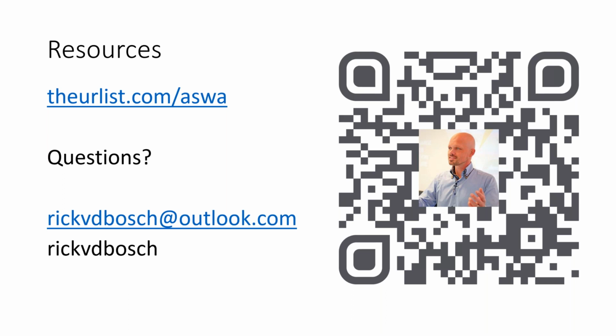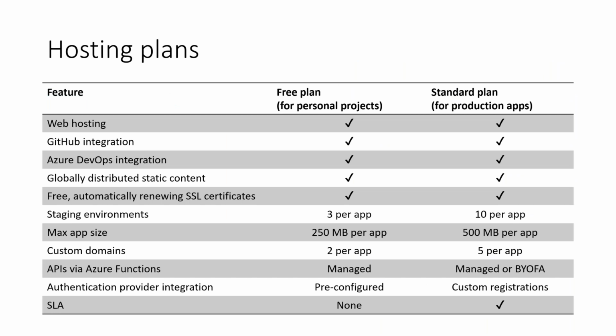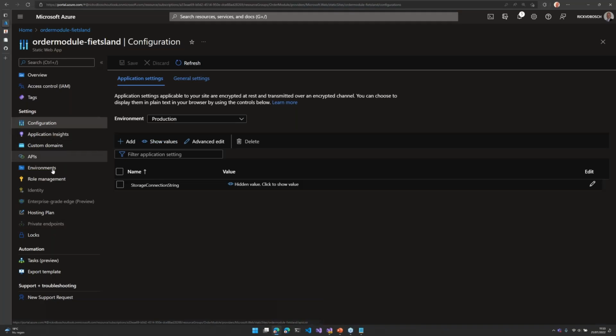Rick, is it possible to use custom authentication with static web apps? What languages are available? Okay, so custom authentication, I'm going to go back to this slide. As you can see here, as soon as you use the free plan, you by default get the pre-configured ones.